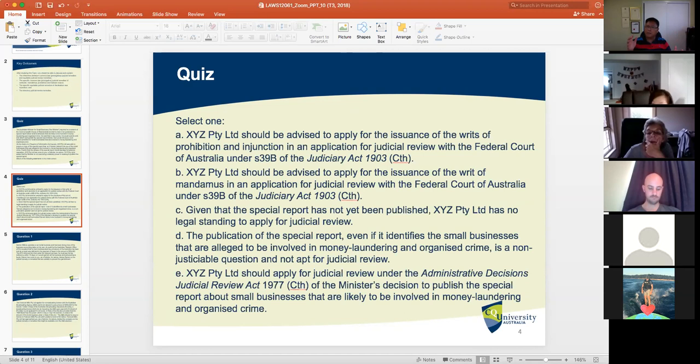But the other aspect of justiciability is related to the concept of matter. Under the Constitution, courts can only have jurisdiction in relation to a matter. There can only be a matter when there is an actual controversy involving the potential violation of a right, an obligation, or a liability. This is the classic case of Huddart Parker v Moorhead.